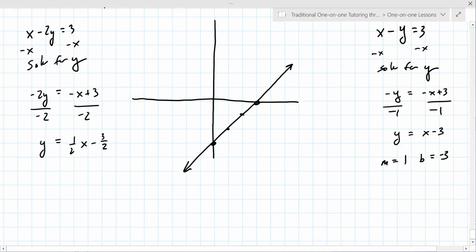So slope is 1/2, b is minus 3/2, and you go up one and one to the right. I guess that works. And then down three and two to the right.